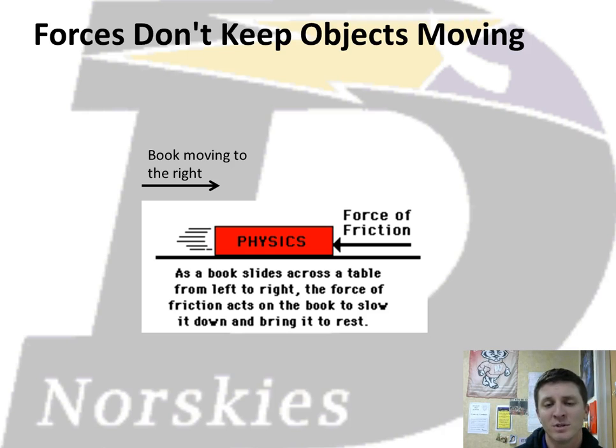Because forces do not keep objects moving, they actually tend to slow them down and cause them to come to a stop. So again, why is that? Well, forces are change, and the object has inertia. If it has inertia, it's going to resist the force as much as possible. That's what inertia is.